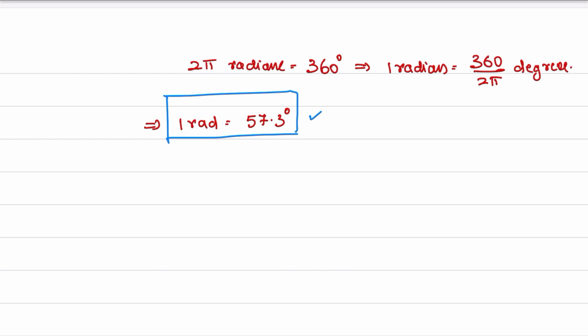This relation is also a very important relation as far as complex numbers and mathematics is concerned, and please try to understand these concepts also.